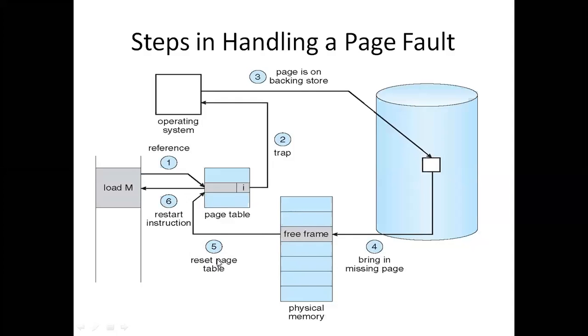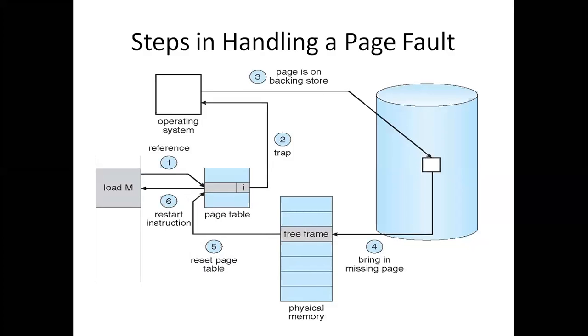Step 5 is reset the page table. What is the need of resetting the page table here? So we need to modify it to V. V means valid. That means now the page is available in the main memory. That point you need to send back to the program in order to restart the execution, load M. Okay, that is the thing.